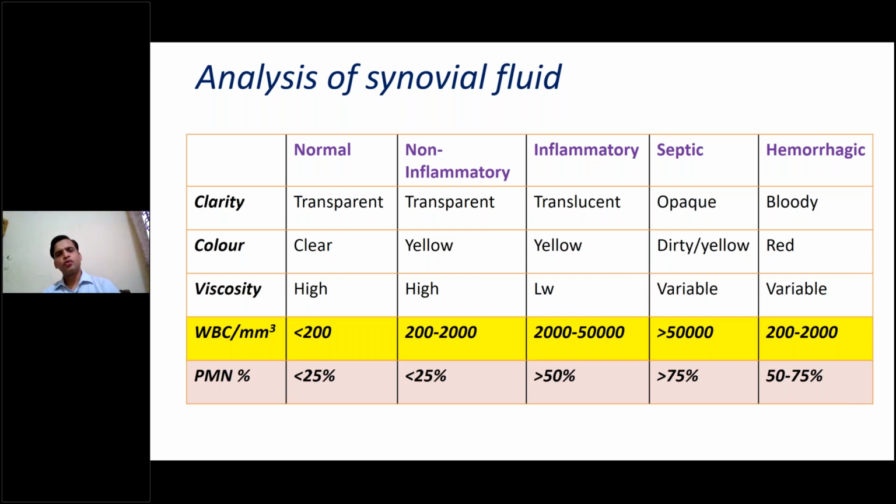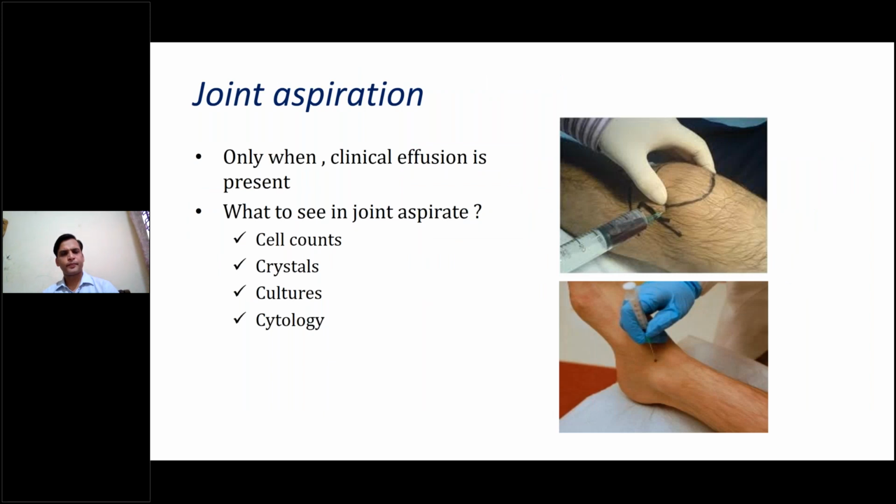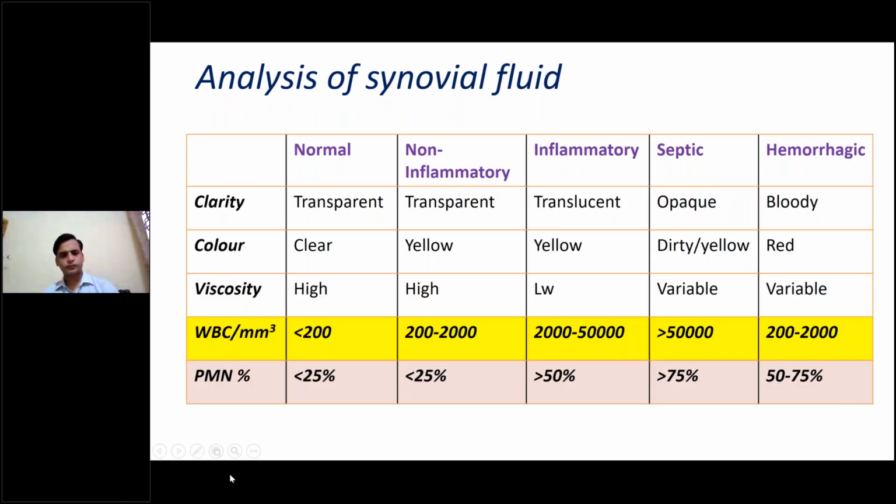So normal joint fluid is clear and transparent with a high viscosity, meaning not like water, it will have high viscosity, and the WBC count is less than 200 per cubic millimeter.